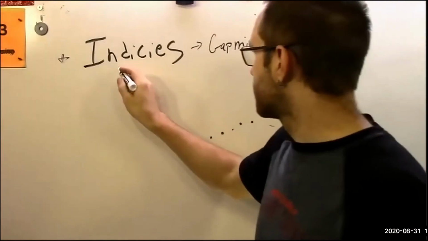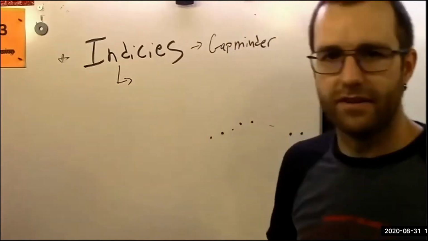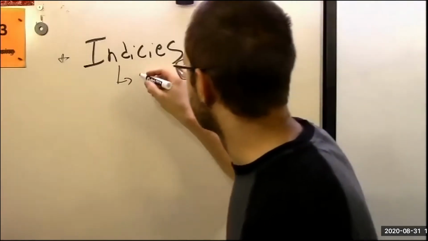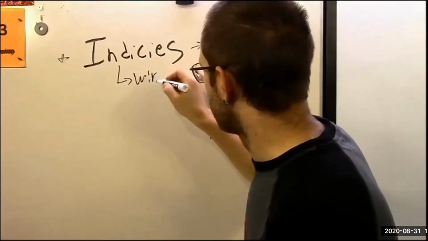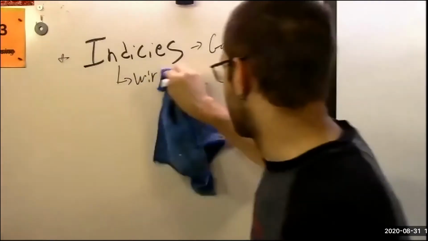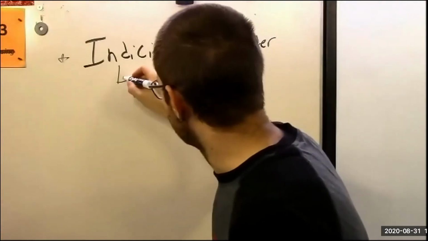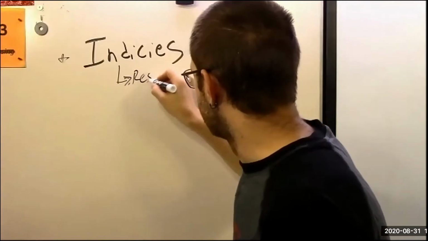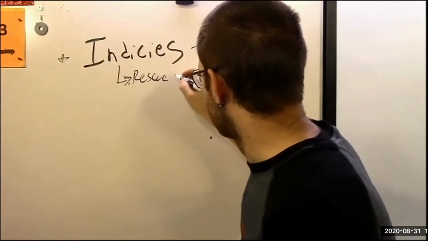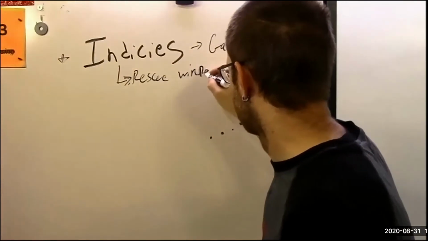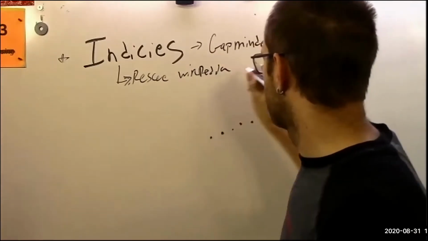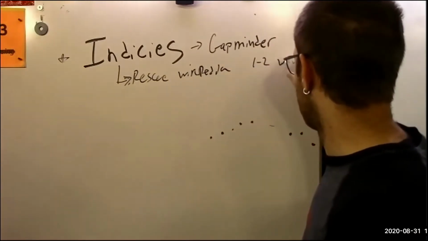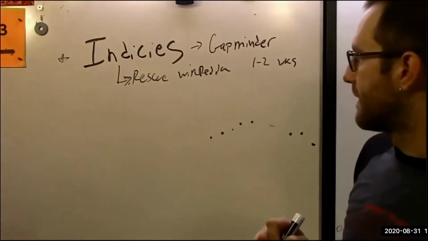The project to go along with indices is a neat one, the Rescue Wikipedia project, which I'll introduce this evening. This is probably only one to two weeks' worth.